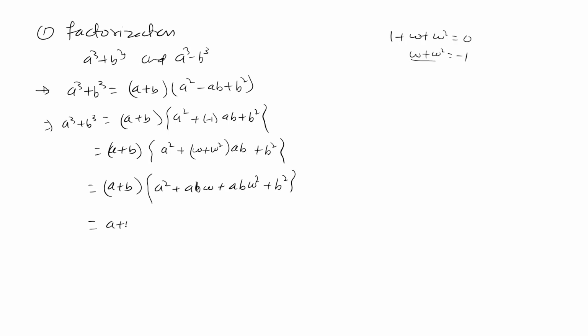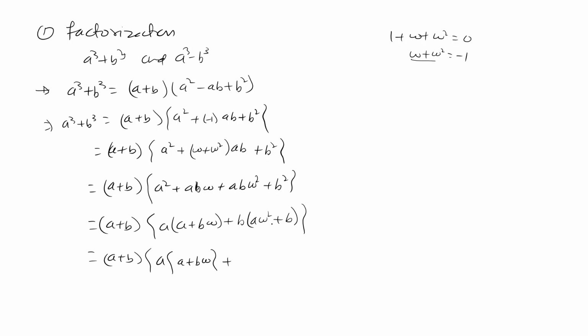Now you can take a common, so a plus b omega, and here b is common, so a omega square plus b, right? So a plus b into a plus b omega and plus, now can you take omega square common, right? So this one is b omega square, so we have a by a, only a plus b by omega square, right?